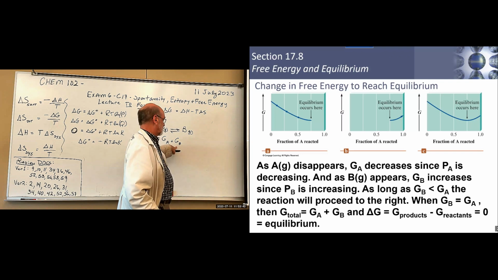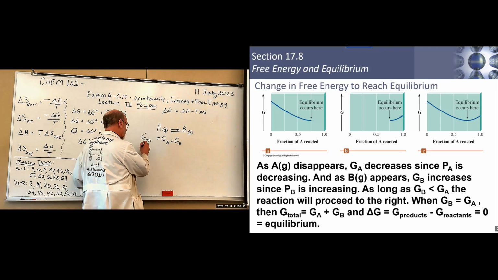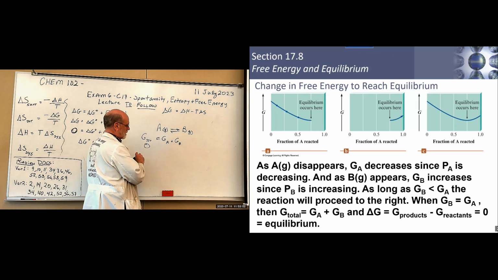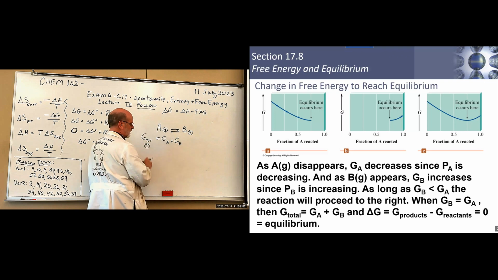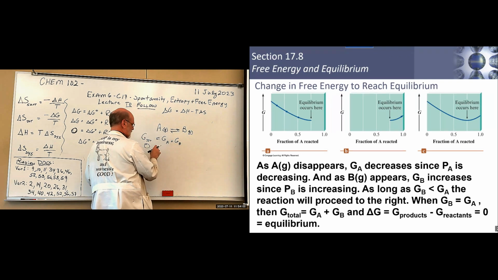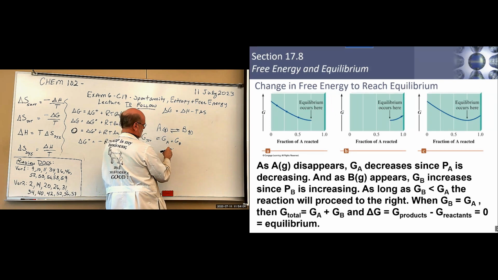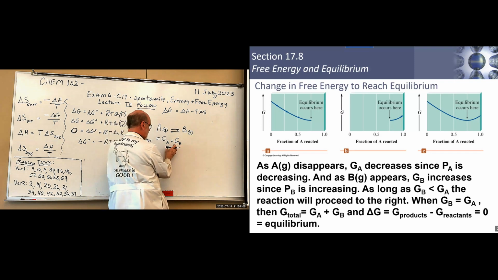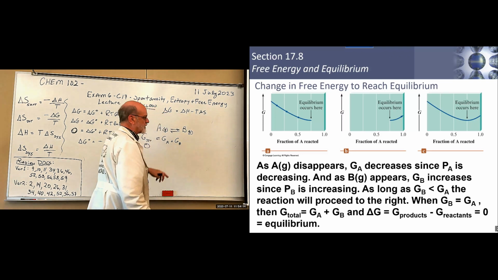But once delta G for A and delta G for B are equal, then the delta G total is 0. So at equilibrium, that one has to be 0, and the delta G for A plus the delta G for B must be 0. All right, so as they approach, they're both spontaneous in the beginning, but once they reach equilibrium, then they must be equal and opposite in order to reach equilibrium.